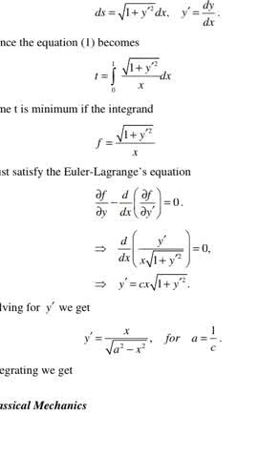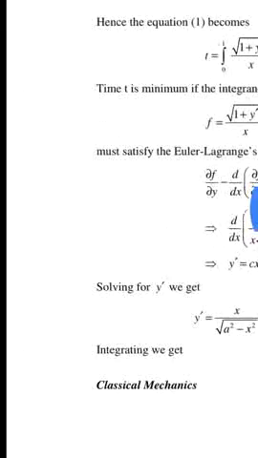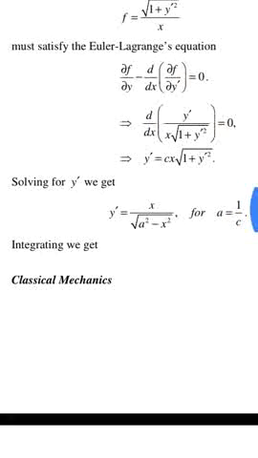Integrating we get y dash is equal to cx square root of 1 plus y dash square. Solving for y dash we get y dash is equal to x divided by square root of a square minus x square, for a is equal to 1 upon c.